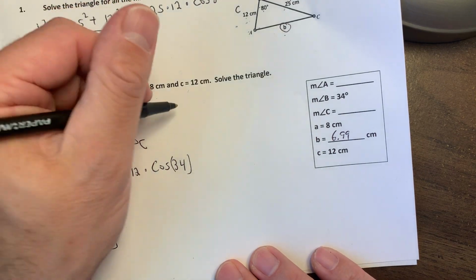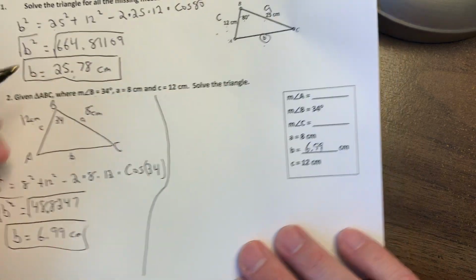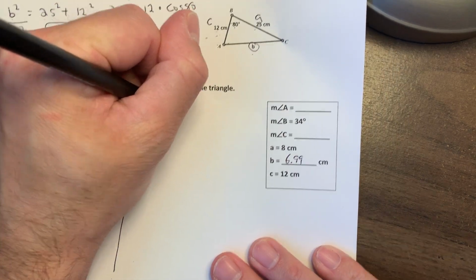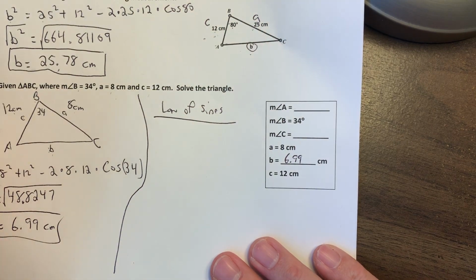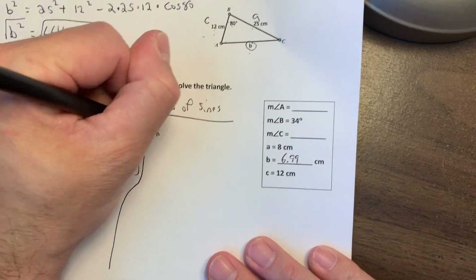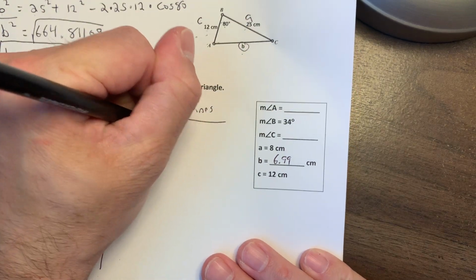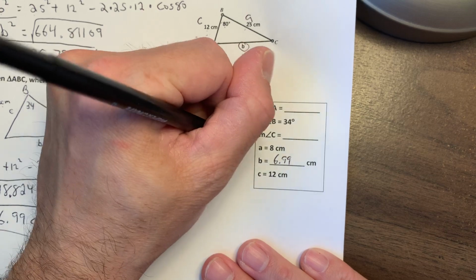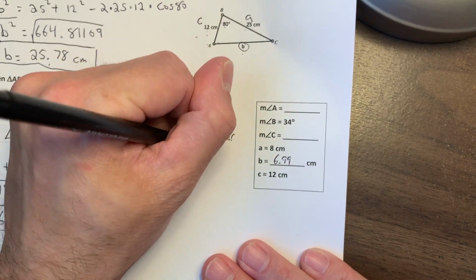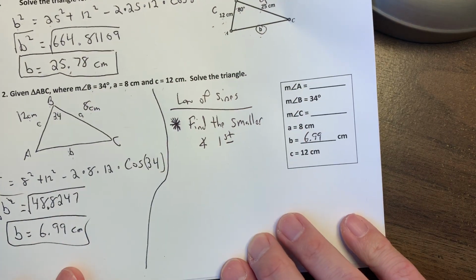All right, watch what I'm going to do. I'm now going to use the law of sines, okay? And here's a trick. You need to find the smaller angle first. This is important.